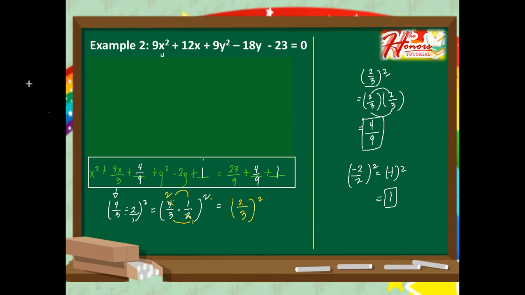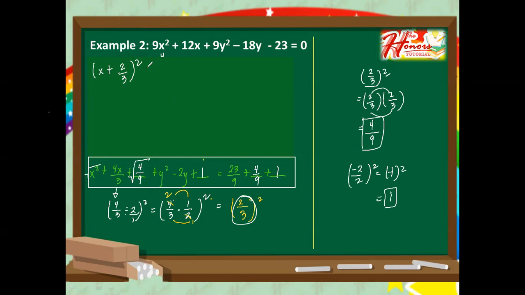So let's have this. Just get the square root of x squared, and that is x. And then just get the square root of 4 over 9, and this is 2 over 3. And that's positive. So plus 2 over 3 here squared. And then after that, same process.